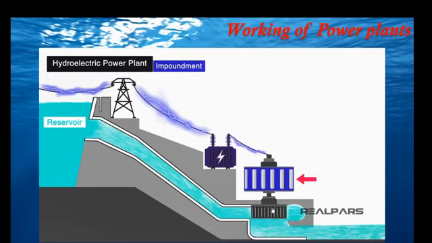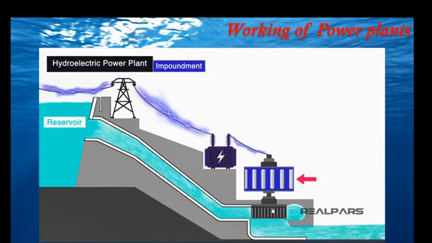In this crusher, the large-size coal is crushed into small particles, and it is transferred to the steam boilers.